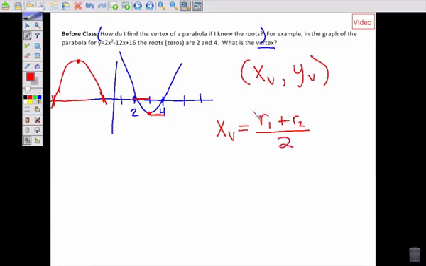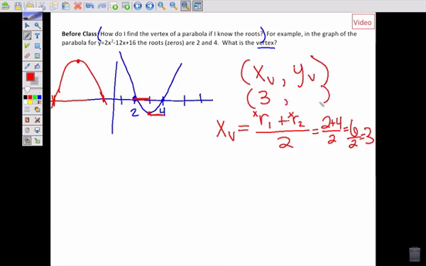And remember, these are both x values. So the x value of v is going to be root 1 plus root 2 divided by 2. So in our circumstance, that's 2 plus 4 divided by 2. That's 6 divided by 2. That's 3. So our x of the vertex is going to be 3.